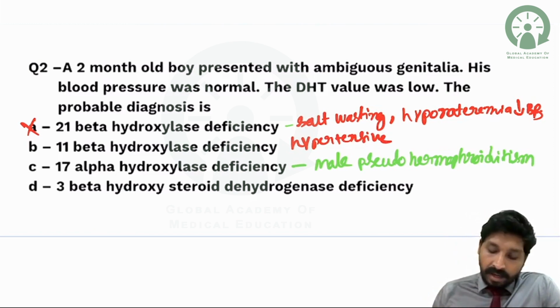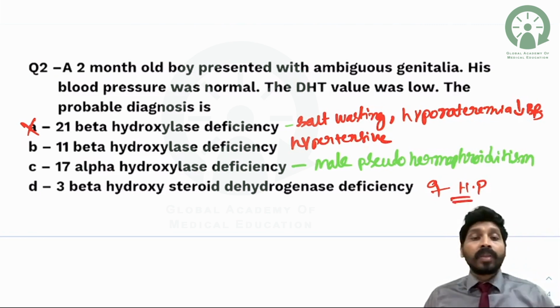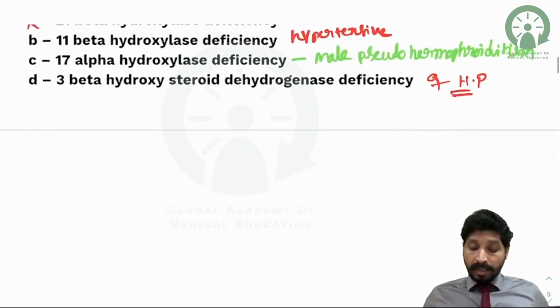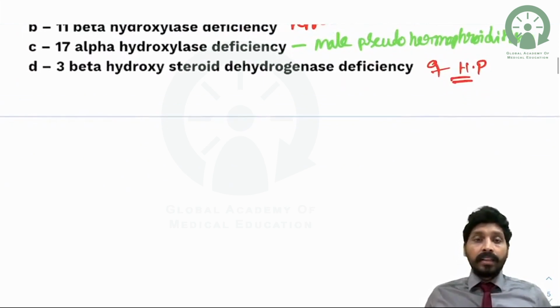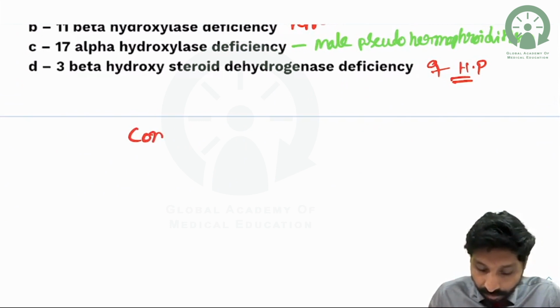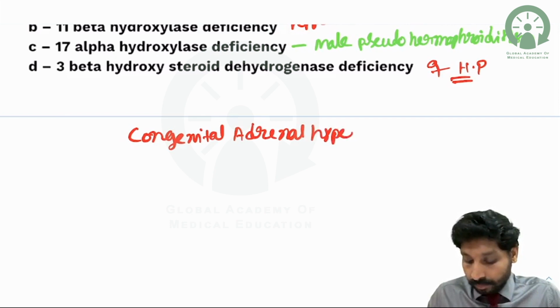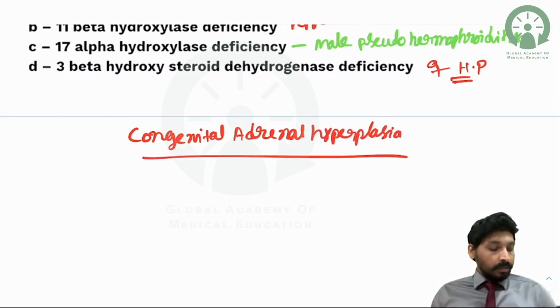This is more of female hermaphroditism. Female hermaphroditism. So here are certain key points you should be aware of regarding congenital adrenal hyperplasia. So what are the things here?